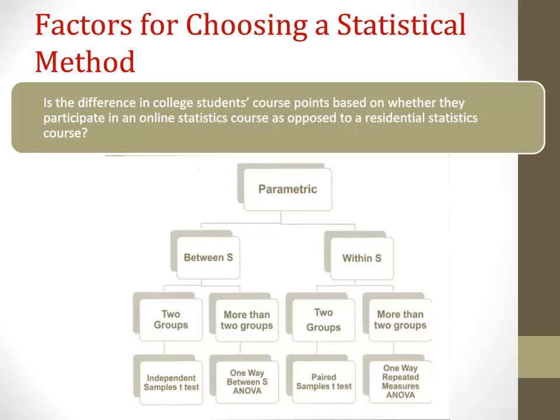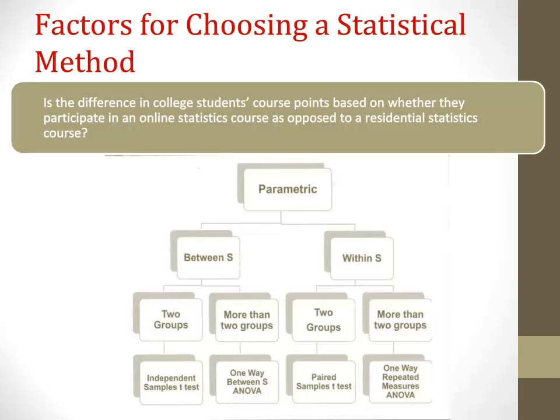And when we talk a little bit more about these different analyses, we'll talk about when one may be more appropriate than another. However, this helps you see how you can use the factors for choosing statistical analyses. And as I said, we'll talk more in depth later on about choosing specific statistical analyses.